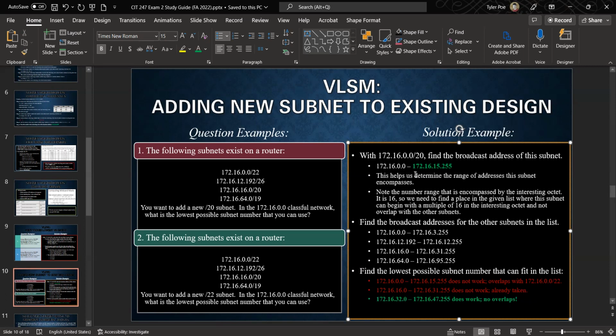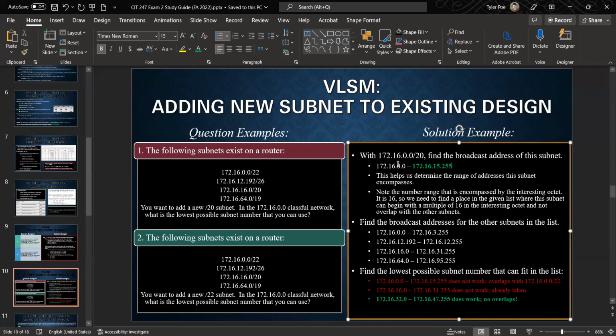So these two numbers are going to carry over because they overlap with 255s. The interesting octet is going to be the third octet, and the last number is going to be 255. Since that number in the decimal notation is 0, this will be 255 in the broadcast address. The magic number is from /20 because it's 240, so 256 minus 240 equals 16.